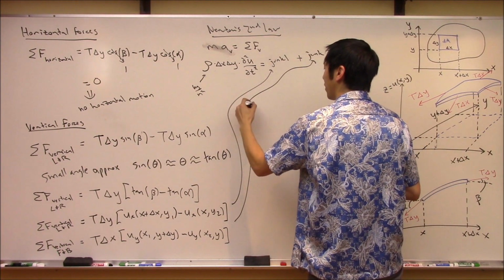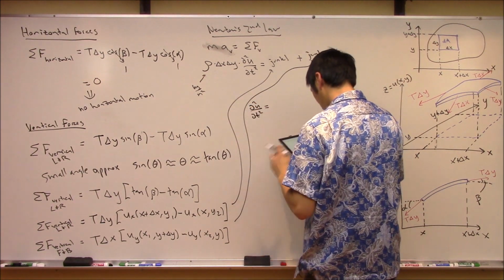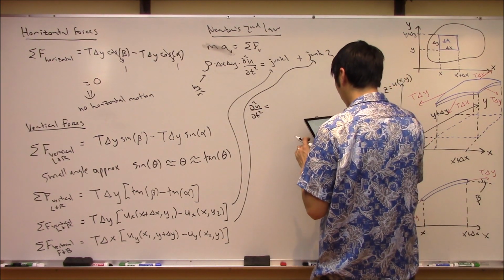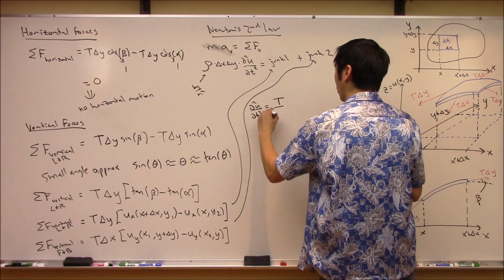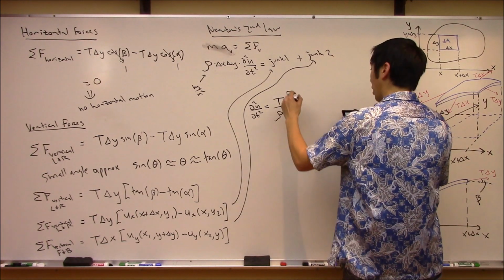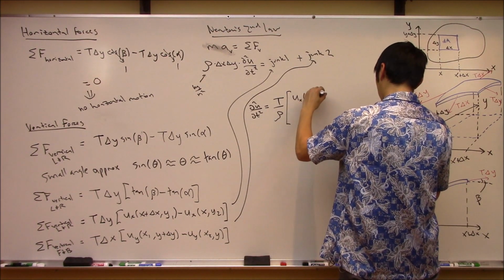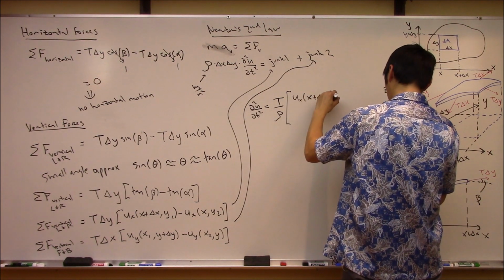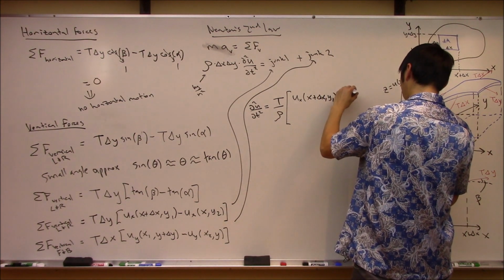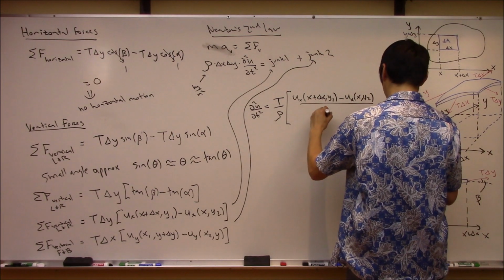So we end up with the left-hand side being just partial squared u over partial t squared, equal to this whole other side, which can basically reduce to tension over density times [ux(x plus delta x, y1) minus ux(x, y2)] all over delta x.